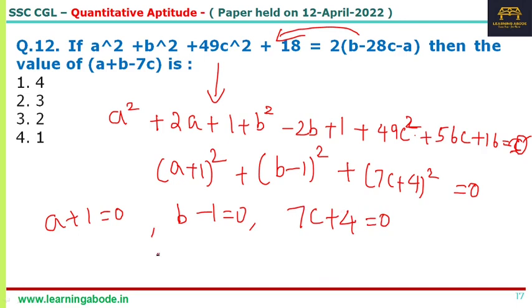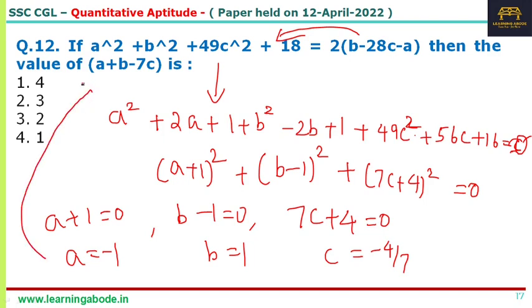Only in that case the equation will be 0. So a equal to minus 1 and b equal to 1 and c will of course be minus 4 by 7.